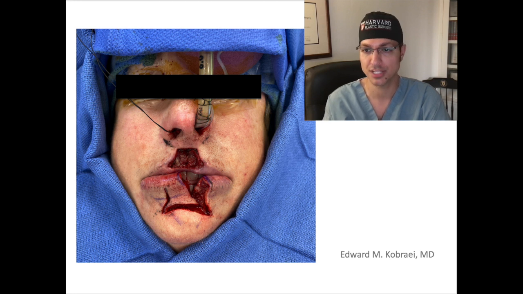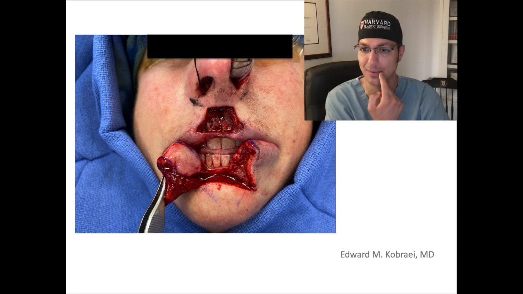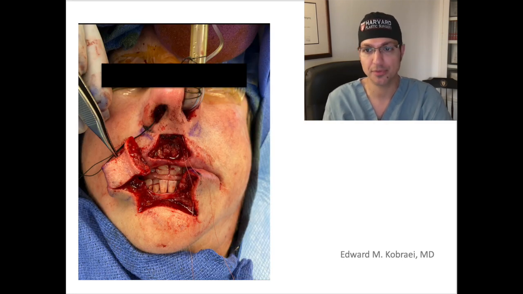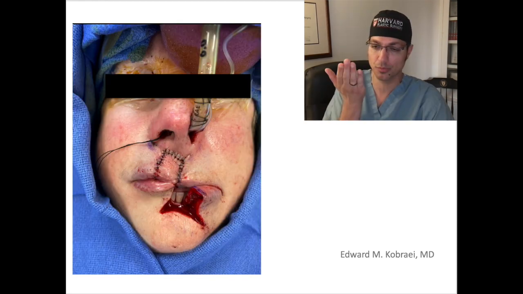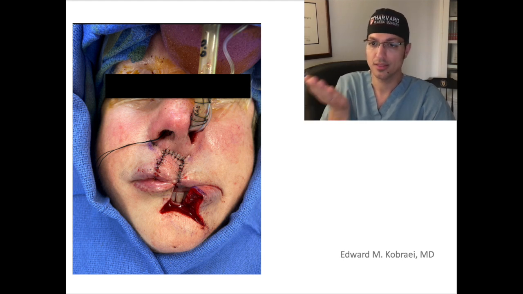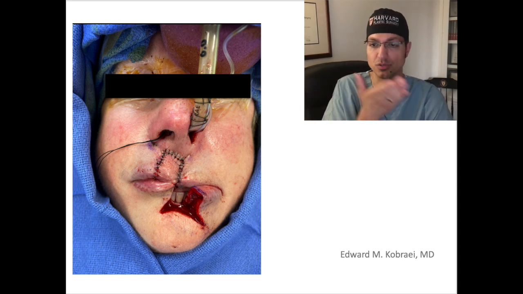The flap is mobilized progressively as shown here. You'll note that the flap maintains its attachment to the inferior labial artery from that right side throughout. The flap is further mobilized, rotated, and then inset. Now when it's inset into the upper lip, it's closed from deep to superficial: the mucosa, the orbicularis muscle, and then the skin. So there's 3 layers of the lip. Each of those are closed in tandem.